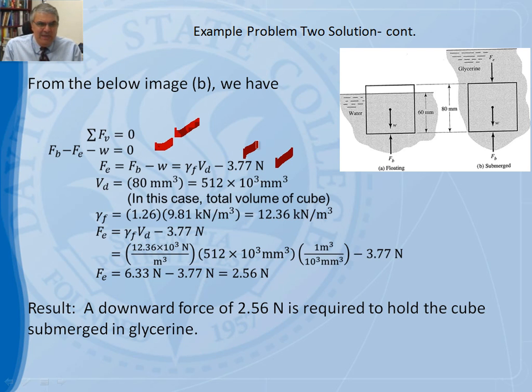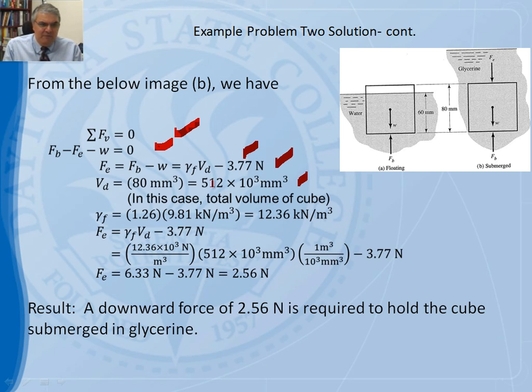V sub D in this case would be the total volume of the cube, because we assume it is not partially but completely submerged. So we calculate that by knowing that each side is 80 millimeter long, and this is a cube. You take that to the power 3, so it's going to be cubic millimeter as it's shown here.